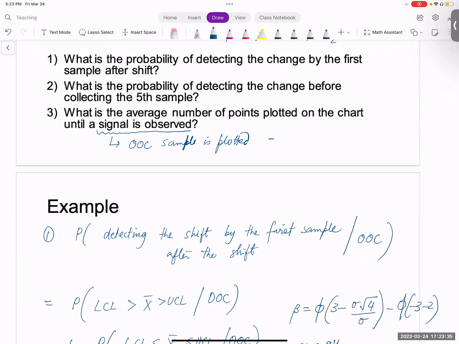So in this case, I can compute my ARL1 as 1 over 1 minus beta. We already know beta. Beta is 0.84. Plug it in, you'll get roughly 6.25. So it means on average, you have to wait for 6.25 samples to plot on the control chart inside the control limits until an out of control sample is plotted.